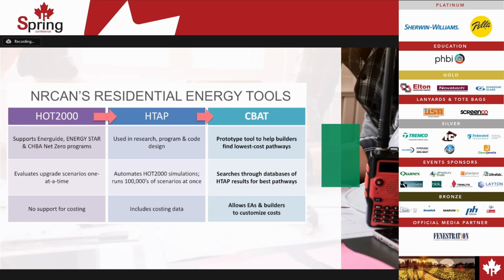HTAP can run thousands of different energy modeling simulations, and we can run those through the CBAT tool to compare which one is the most cost-effective. And then, for building, getting to occupancy, and then also for operating costs per year and replacement costs. So they've got some really good tools in regards to that CBAT tool that was released by Natural Resources Canada.